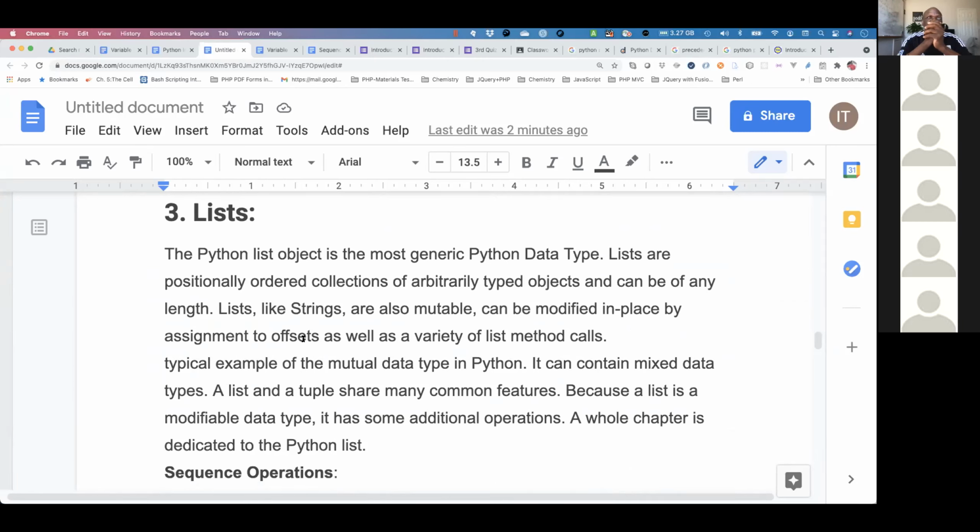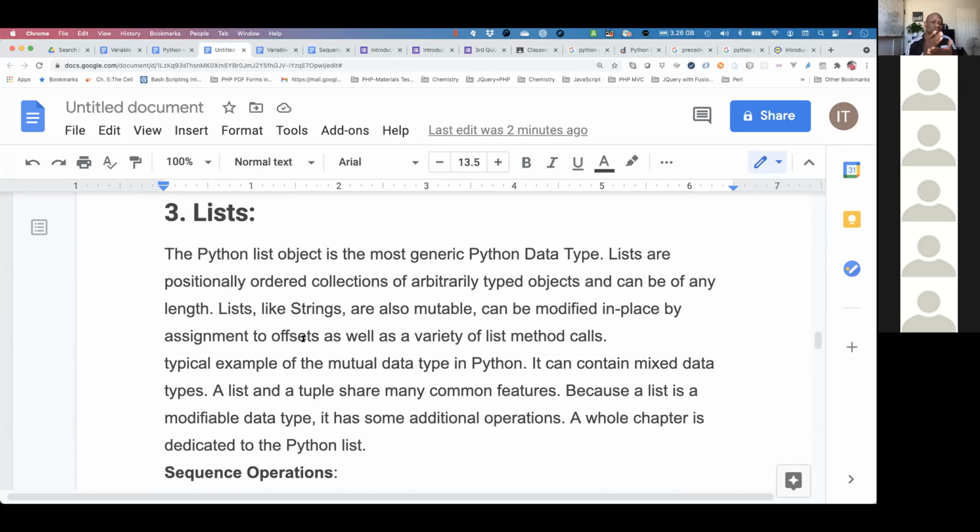So lists are positional, ordered collections of arbitrarily typed objects and can be of any length. We can make it big. We can put your name, your phone number, your address, your date of birth all in one list, and then we use it to manipulate. Now, lists, like strings, are also mutable. Mutable means it's writable.